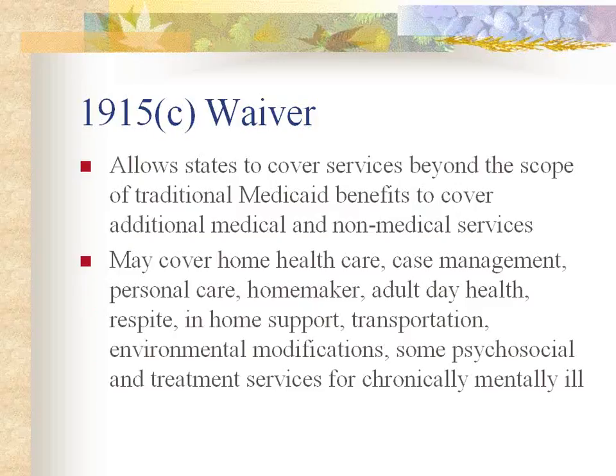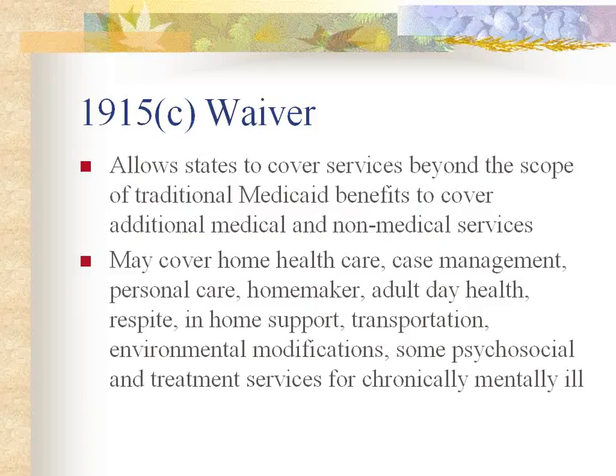This also allows states to cover services beyond the scope of traditional Medicaid benefits to cover additional medical and non-medical services. So, for instance, it might offer some additional nursing hours in order to keep that child at home. Maybe the parents can keep the child at home if they can care for the child 8 hours out of 24.